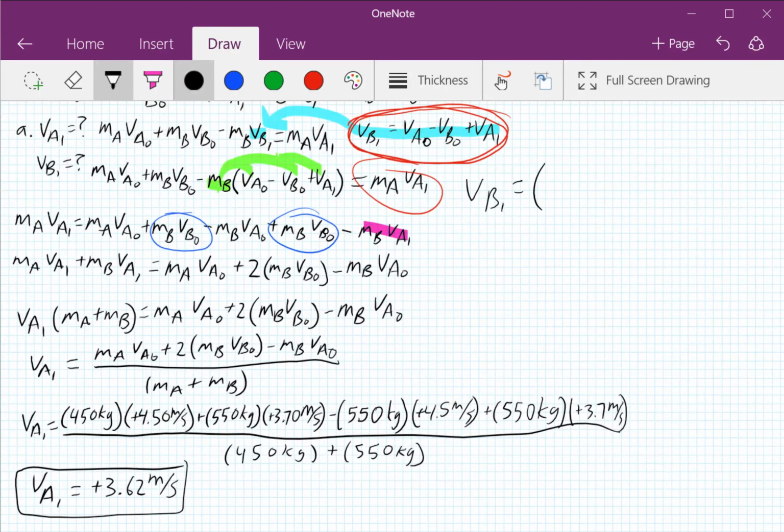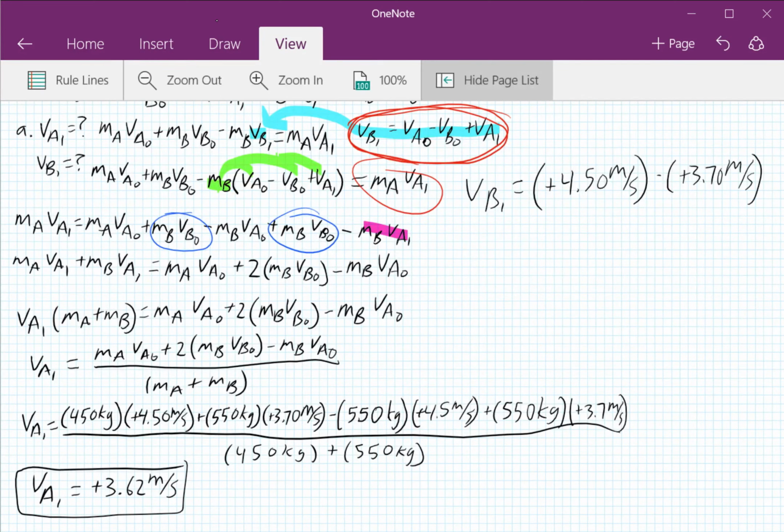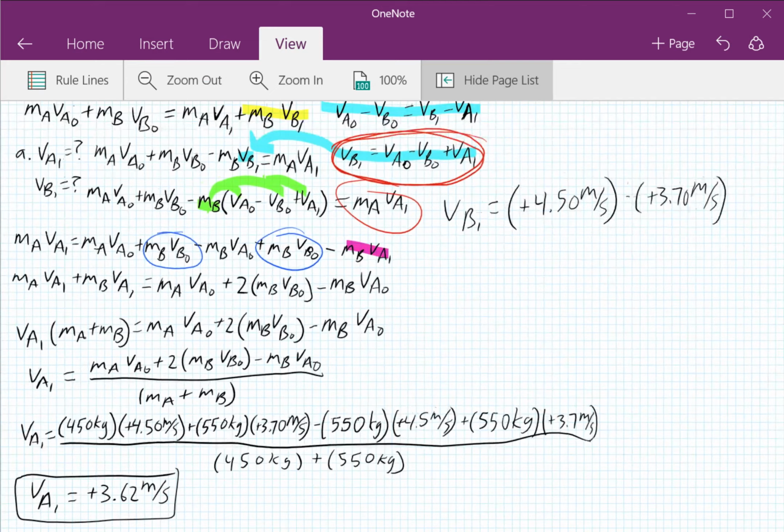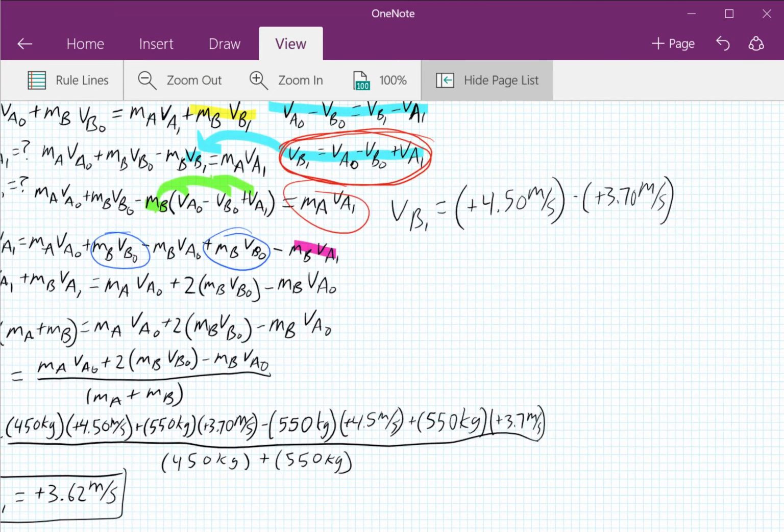equals VA initial, which was a positive 4.50 meters per second, minus a positive 3.70 meters per second, and plus the positive 3.62 meters per second we just found.